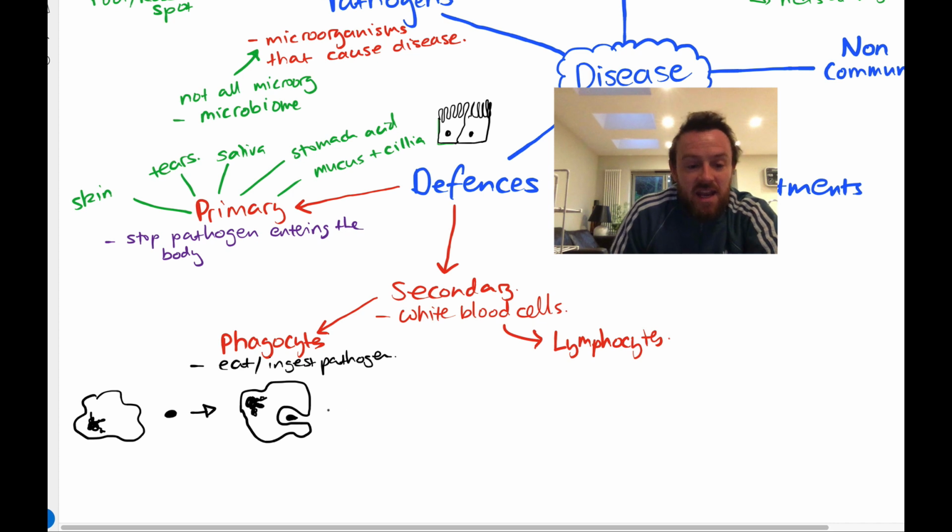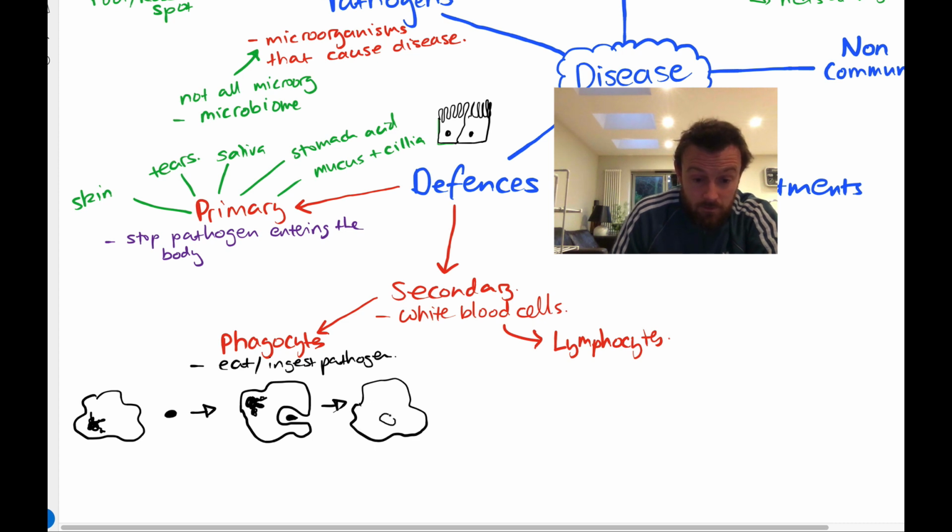Then the pathogen is taken in and digested. Now it's fully in the cell, in a little vesicle like that. Let's add in some enzymes poured on top of that poor bacteria, which is being digested. There's the nucleus, which tends to be multi-lobed.